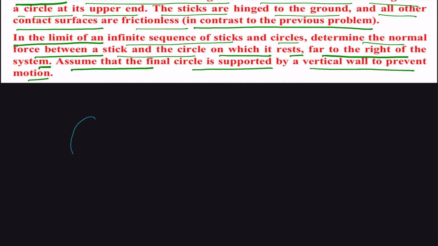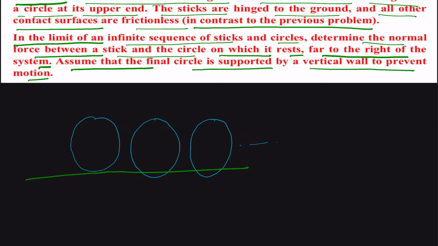So we have, suppose this is our first circle, and this is our second circle, and this is our third circle, and it goes on so on, and they rest on a plane surface. And there are our sticks which act tangent to these circles.